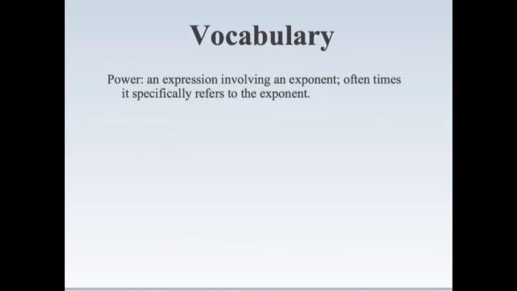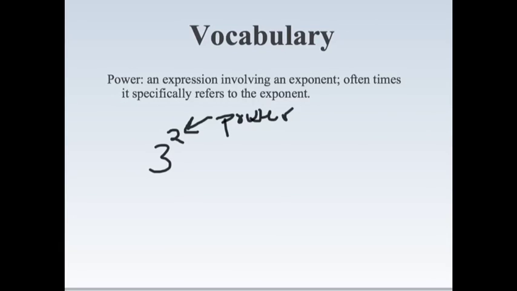Power does not need to be capitalized. Sorry about that. Sometimes the program capitalizes things that I choose not to, but power is basically an expression involving an exponent, and oftentimes it specifically refers to an exponent. So if I have 3 to the second power, in this case 2 is the power. And I can write power.